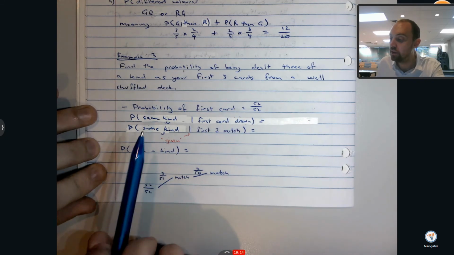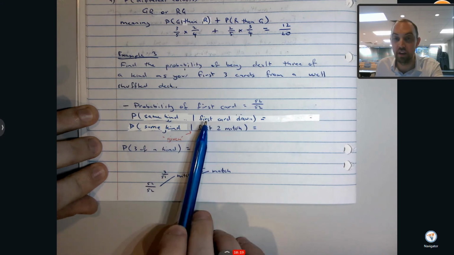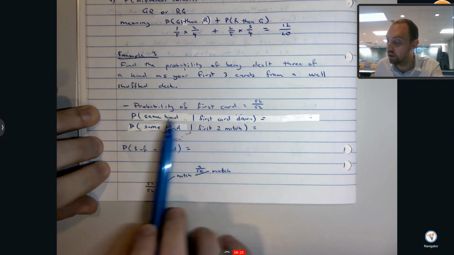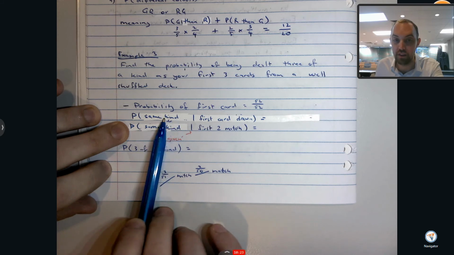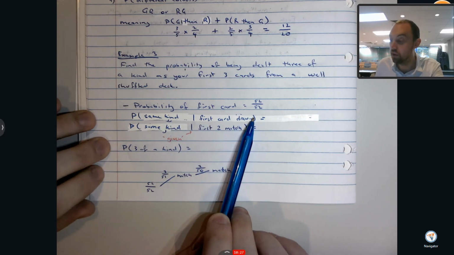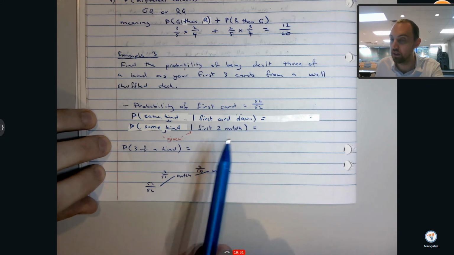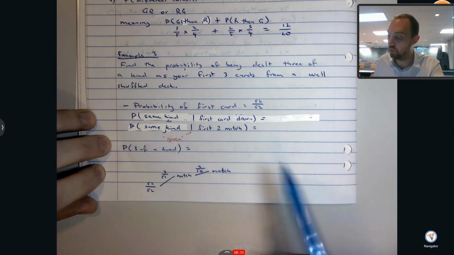Once we have our first card, then we need to consider what's changing here. We want the probability of it being the same kind with the first card being drawn. Now there's 4 of each kind of card there. There's 4 jacks, there's 4 queens, there's 4 fours.